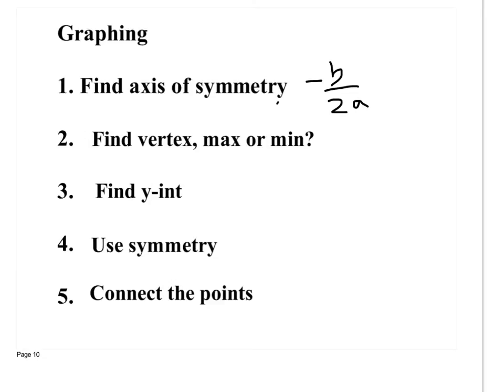Then the next thing you do is find the y-intercept, which is c, the number by itself. If you're not for sure, plug in 0 for all of the x's. It will tell you where it crosses the y-axis. Once you've done that, you use symmetry to plot the points on the other side of the graph, and then you connect the points. Any questions?